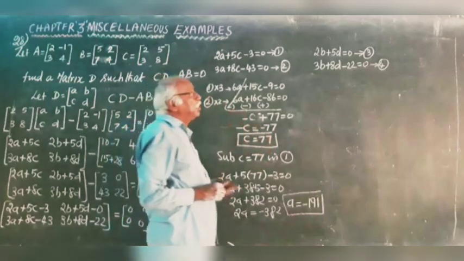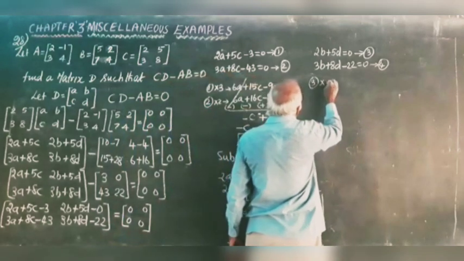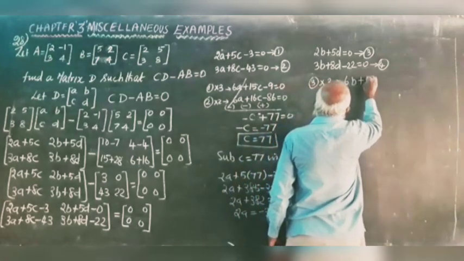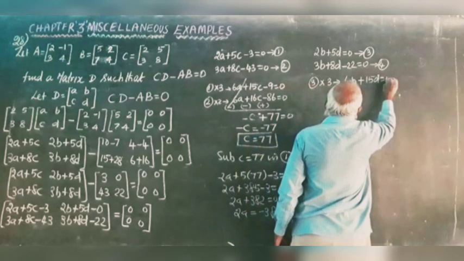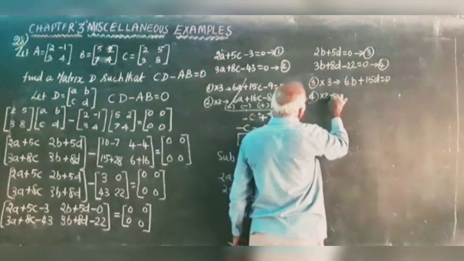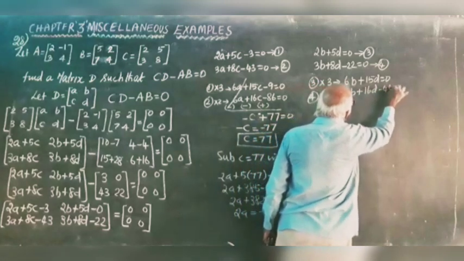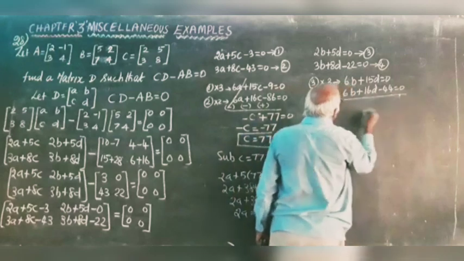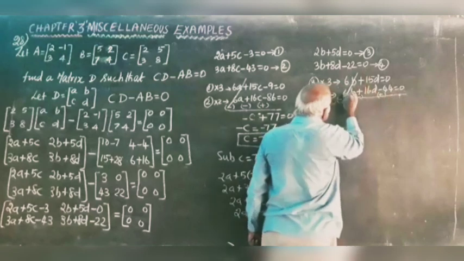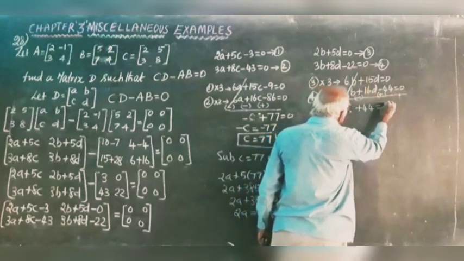Now solving 3 and 4. Equation 3 into 3 implies 6b plus 15d equal to 0. Equation 4 into 2 implies 6b plus 16d minus 44 equal to 0. Change the sign. Cancel. Minus d plus 44 equal to 0.